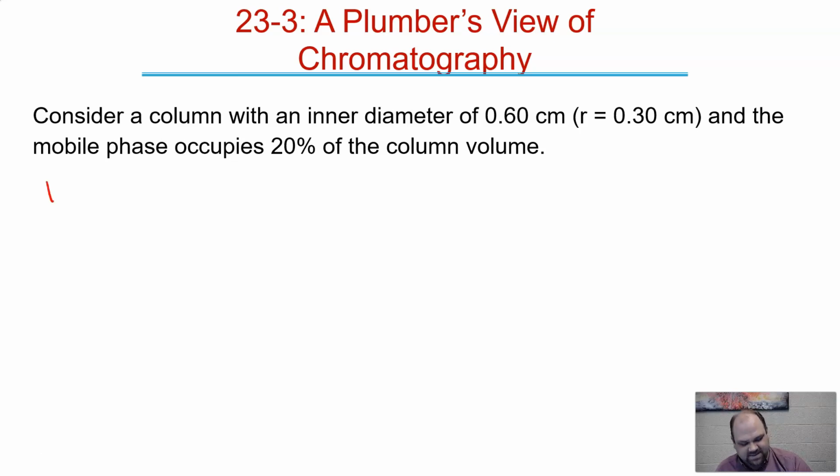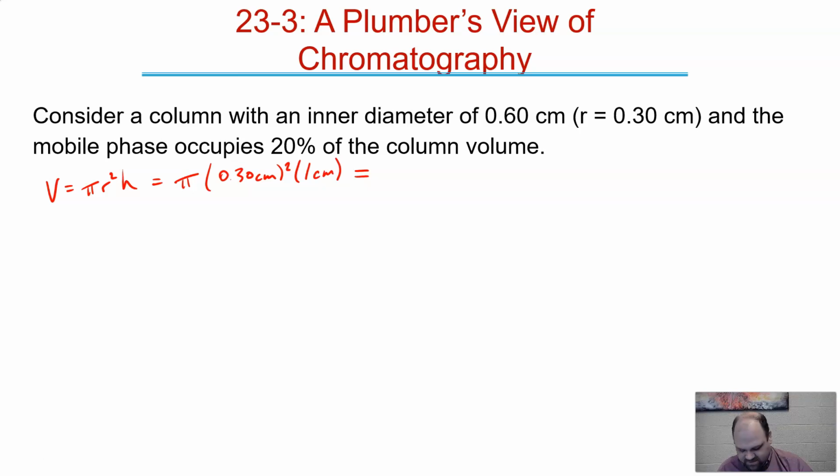The volume of any cylinder is equal to pi r squared h. And so we know pi r squared is just 0.3 centimeters squared. And I'm going to do this for every centimeter of column length. So my height is just 1 centimeter.